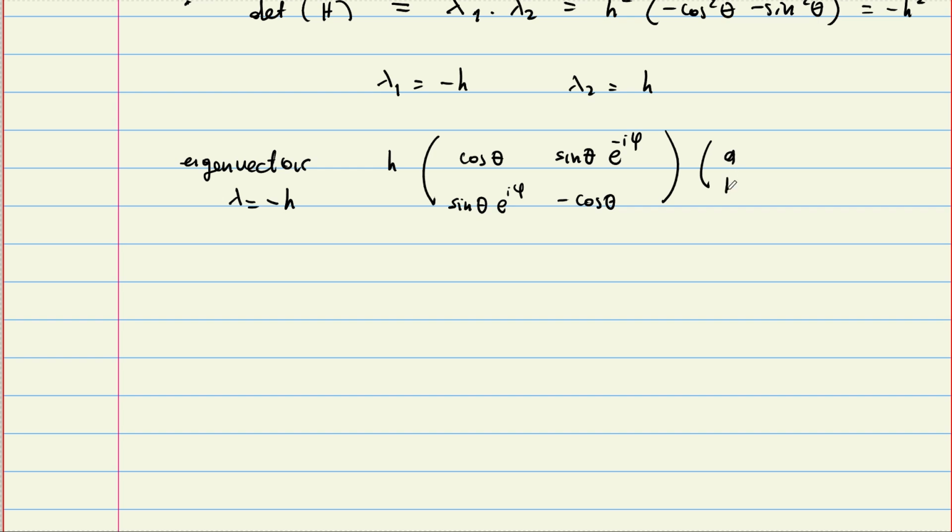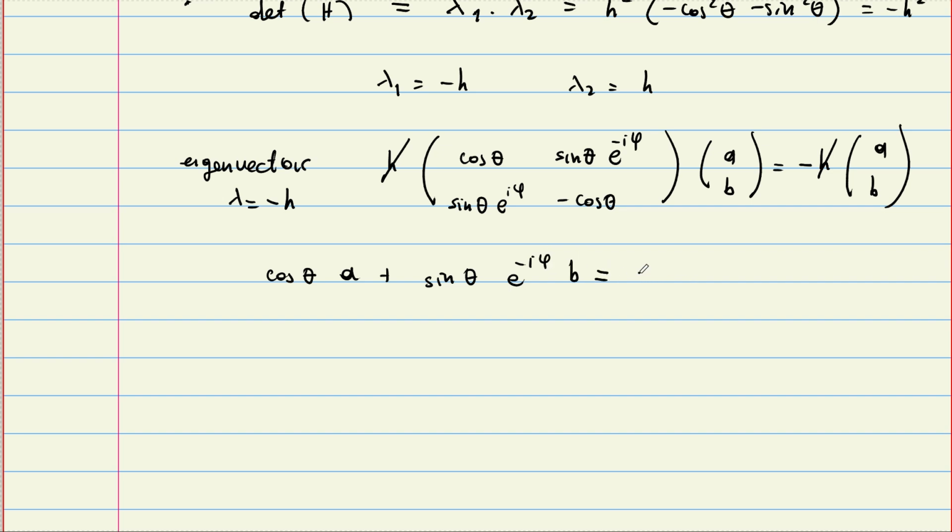Let me write it like A and B is equal to minus H times A and B. So cancel H. From the first row, cosine theta A plus sine theta e to the minus I phi B is equal to minus A. So combine these A's: 1 plus cosine theta A is equal to minus sine theta e to the minus I phi B.